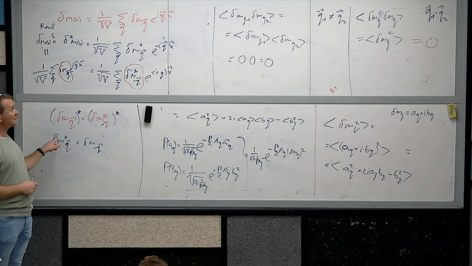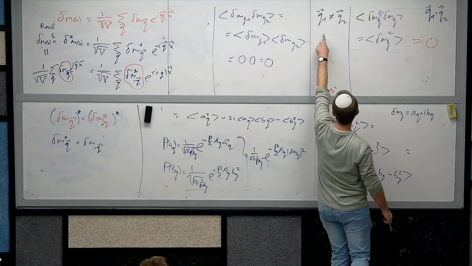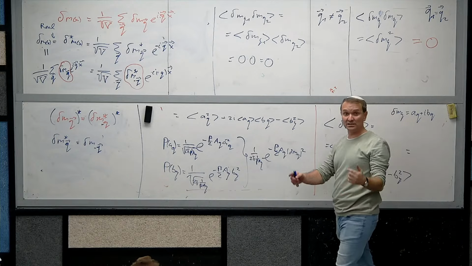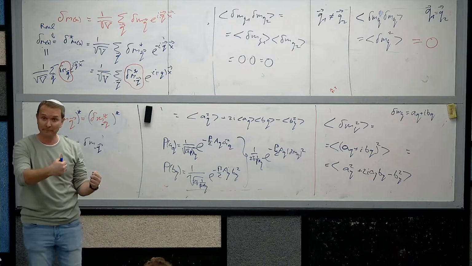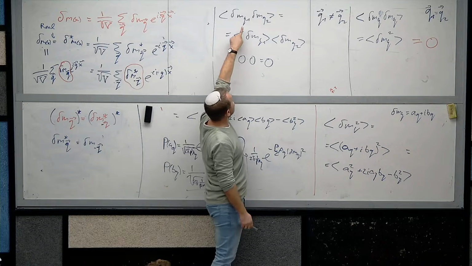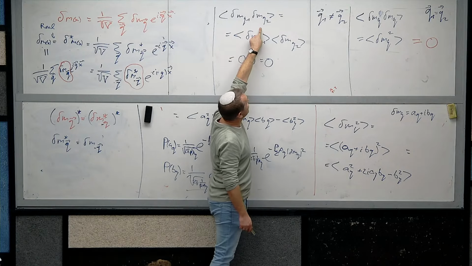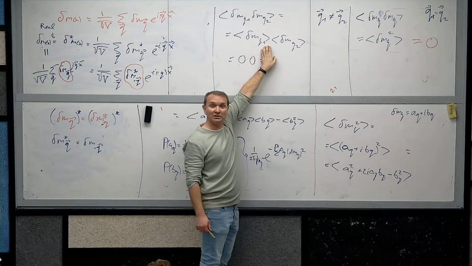There is one specific q. So you notice over here, q1 does not equal q2, and q1 does not equal minus q2. It's okay. But the moment that q2 equals minus q1, this assumption does not hold.